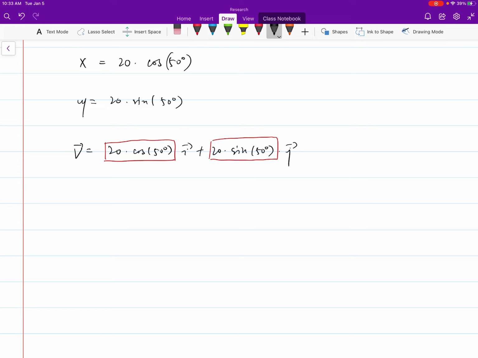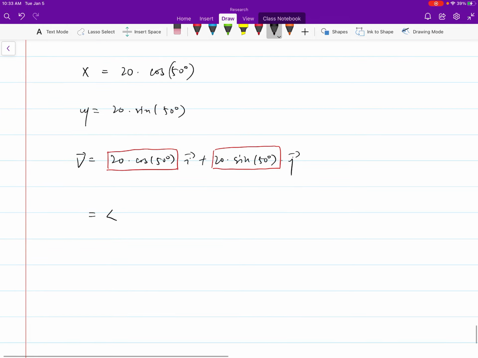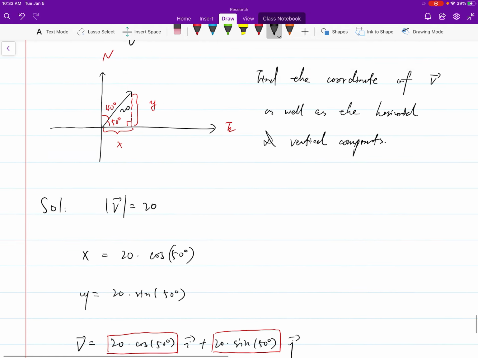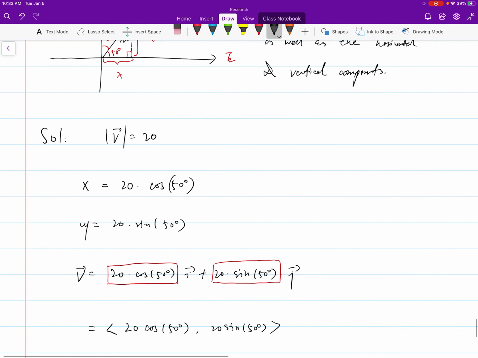The vertical component is here. Without a calculator, we stop here. Okay. And finally, the coordinate is going to be given by, all right.